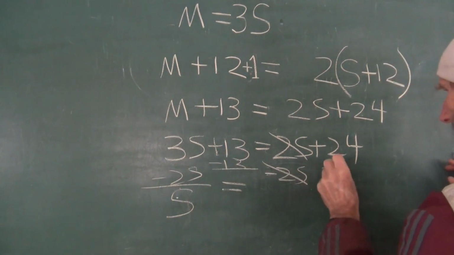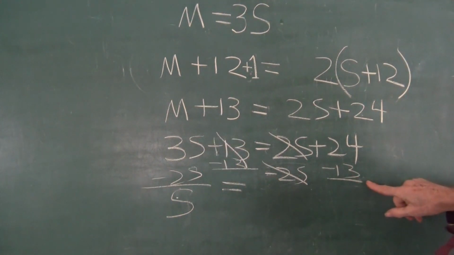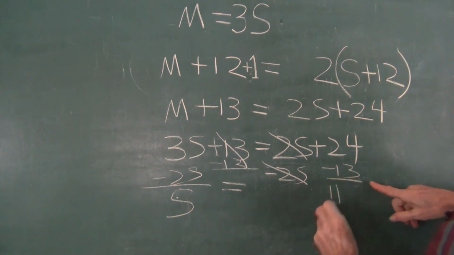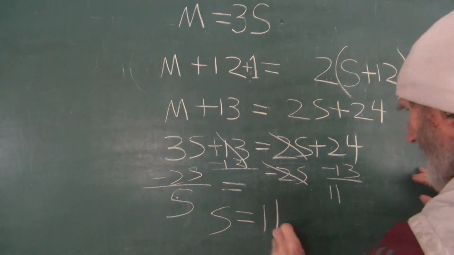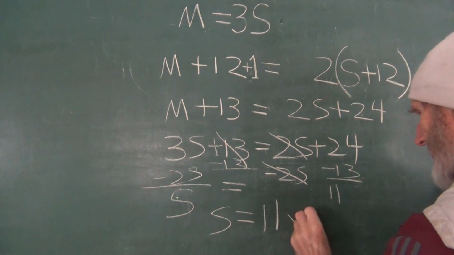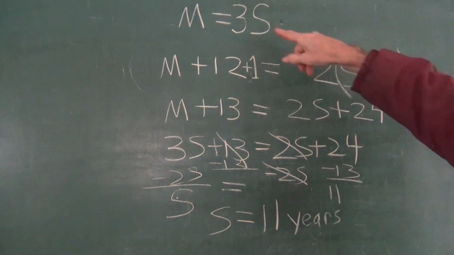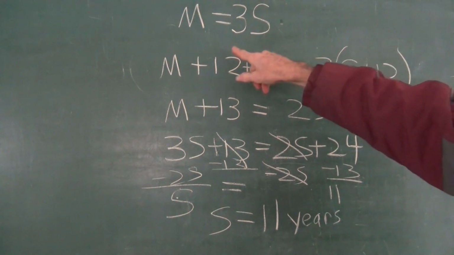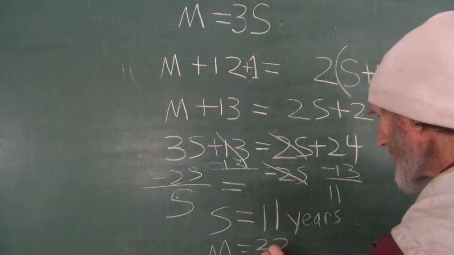And of course you already did this, so that's easy. So that goes out to nothing here, and 24 minus 13 is 11. So that means s, the son's age, equals 11 years. Well, if the son's 11, Mary must be 3 times that. So M equals 33 years.